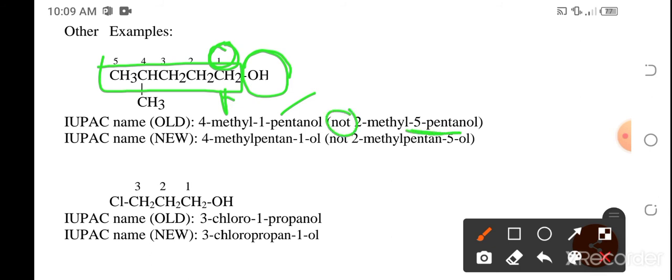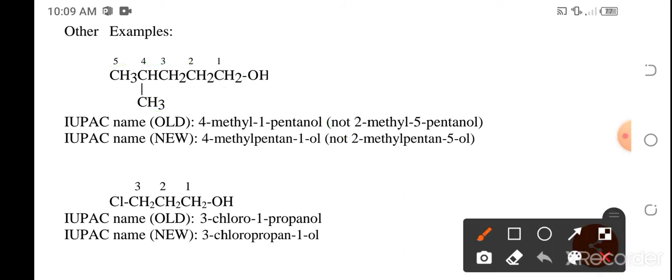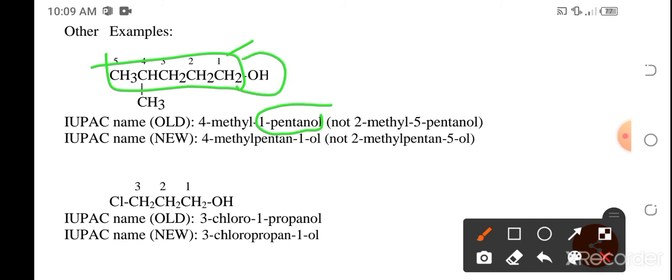We do not start here on the left because the hydroxyl group has the priority over the methyl. Okay? So this one would be carbon number 1. So that's 1-pentanol. The hydroxyl is already included in pentanol.